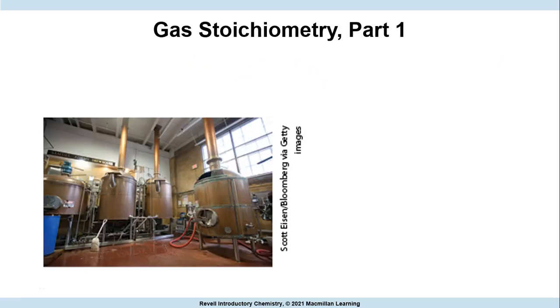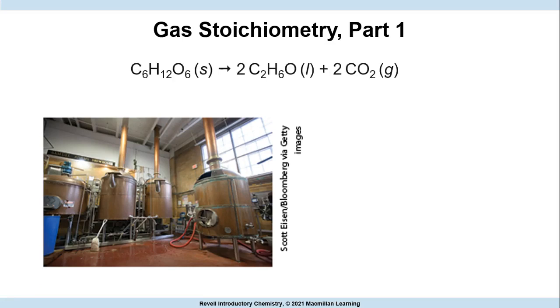Now let's look at gas stoichiometry. In chapter 7, we looked at mass stoichiometry, where we were able to relate moles to grams, and then grams to grams. So we are going to use gases, and we are going to use stoichiometry and the gas laws to explain this.